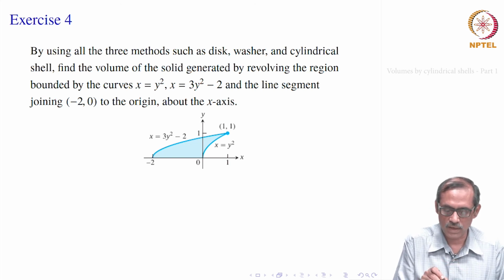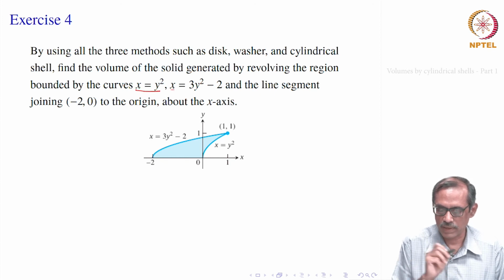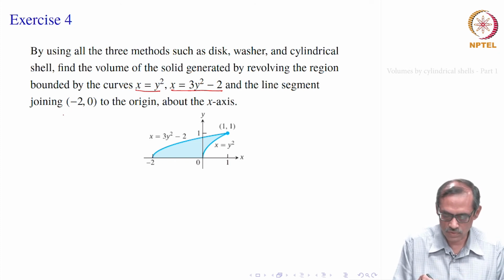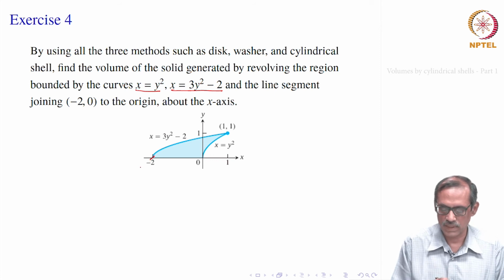It is bounded by the curve x equal to y square and x equal to 3 y square minus 2, and the line segment joining minus 2, 0 to the origin. So, minus 2, 0 to the origin, this is the line segment that is on the x axis, and we have the curve x equal to y square. So, it is this one, x equal to y square, and the other one x equal to 3 y square minus 2.